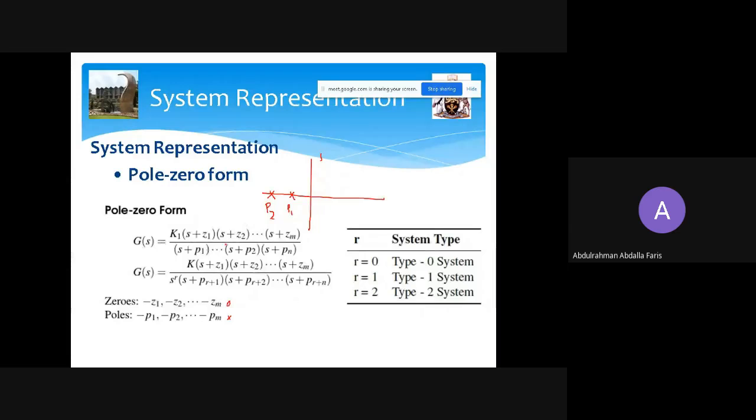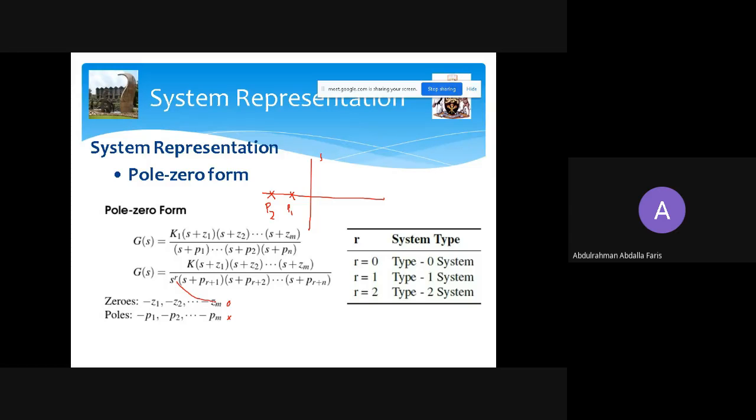So that's why we say these are poles, and when we have a zero here, the whole system will go to zero. Then we say those are zeros. So the way we show them is by an x for a pole and a circle for a zero.